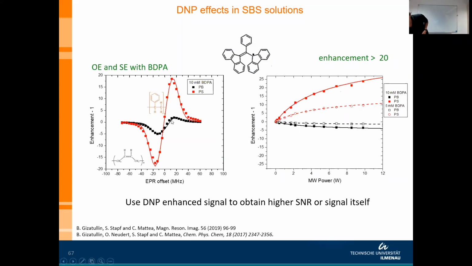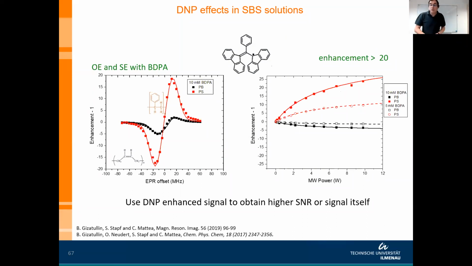We have to see this curve in detail. Here we see a small asymmetry. Here in this curve, we can say that there is a combination of these two effects. Then you see here the scalar enhancement due to the positive enhancement here.